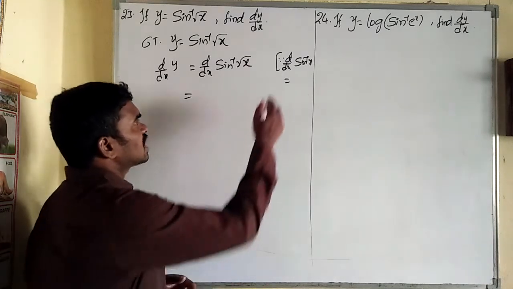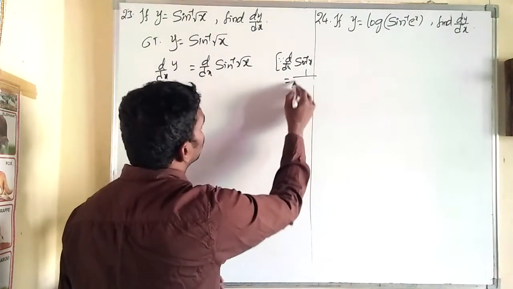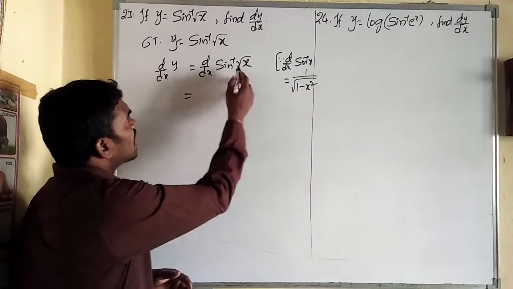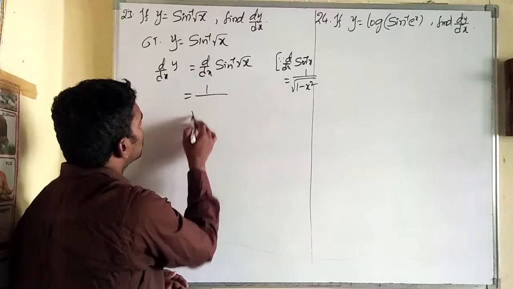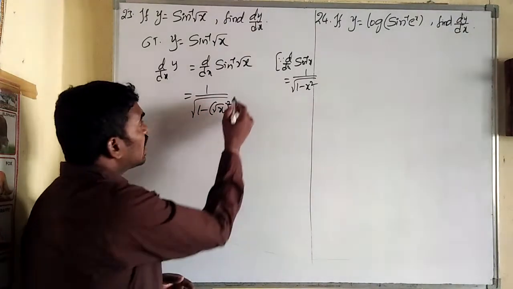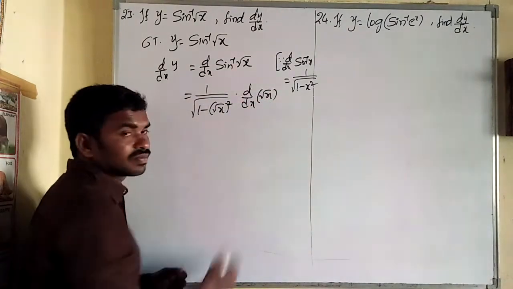Okay, what is the sin inverse x formula? Very good, 1 by root 1 minus x square. So according to that, sin inverse root x becomes 1 by root 1 minus root x square, into d by dx of root x.